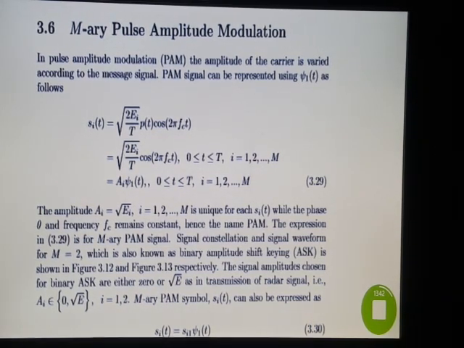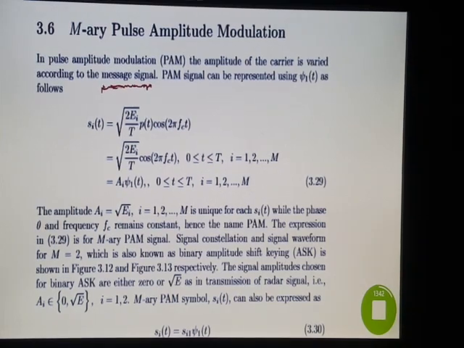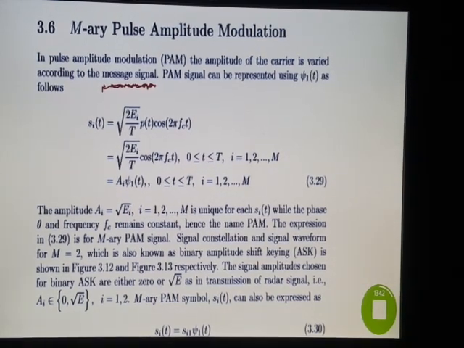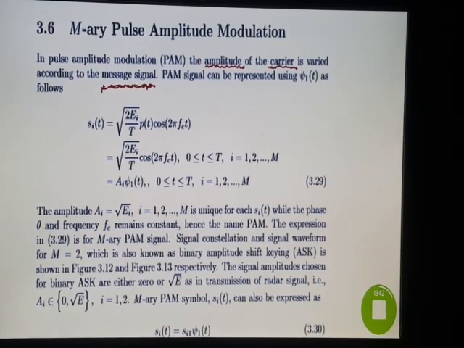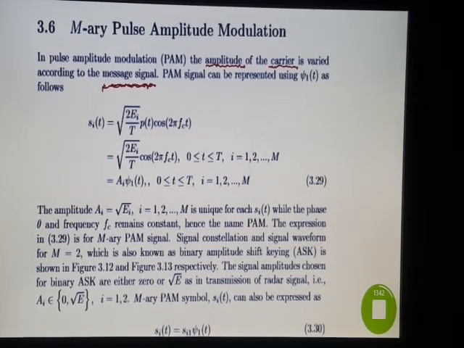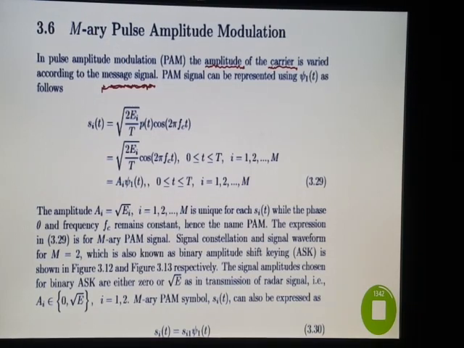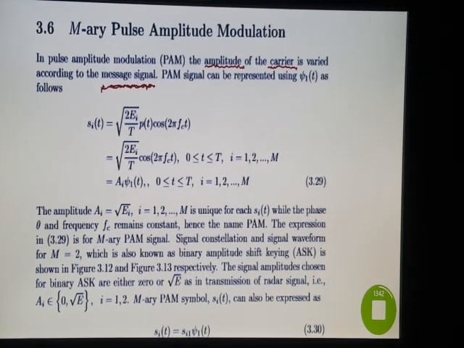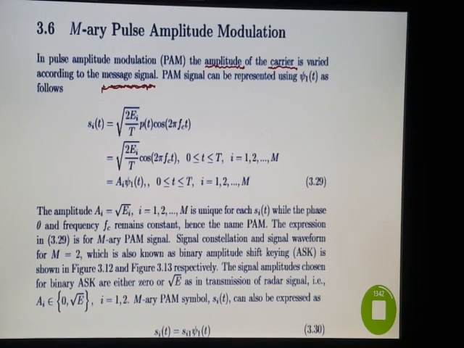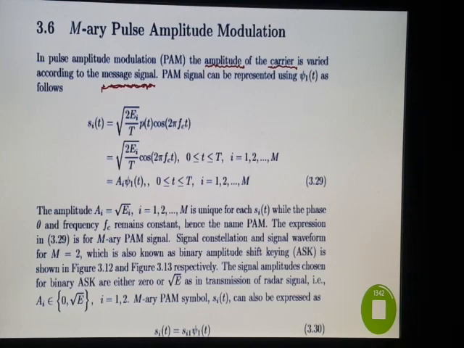Keep this in mind. The message signal is embedded into the amplitude variation of the carrier, so the amplitude variation will be according to the message bits.